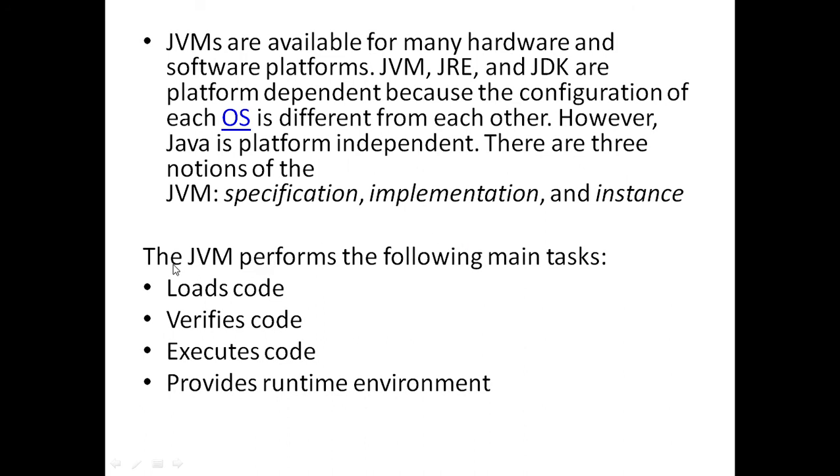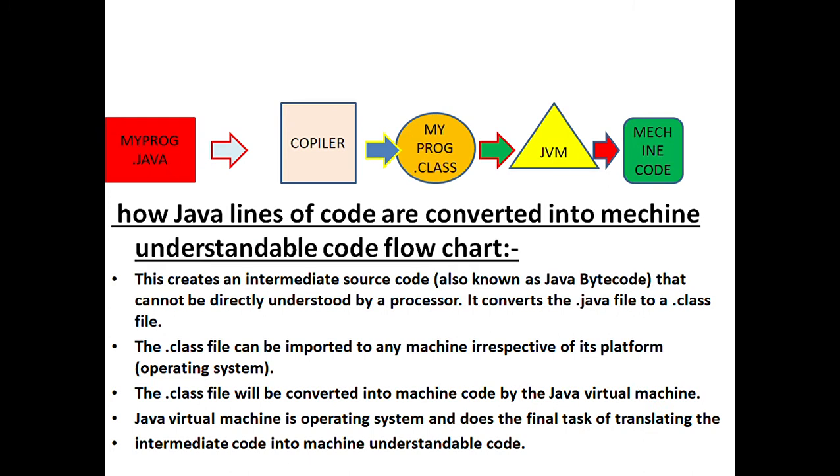Next, the JVM performs the following main tasks: load the code, verify the code, and execute the code, providing the runtime environment. I will show you. First, my program is created as a .java file.